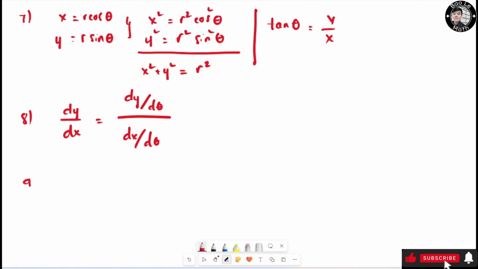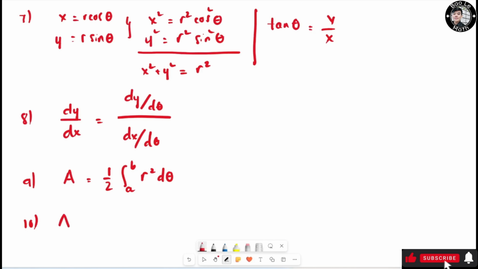Number nine, the area enclosed by a polar curve. It's A equals 1/2 the integral from a to b of the radius squared d theta. Number ten, the area between two polar curves.